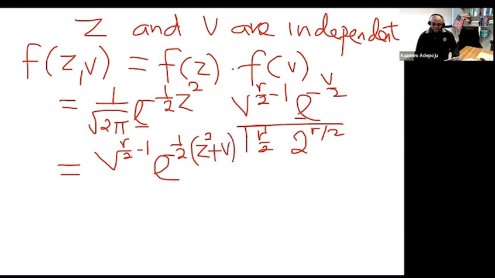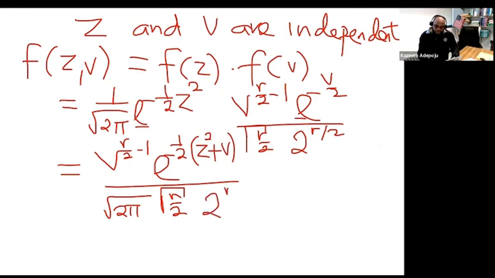So I'm basically going to have this divided by the square root of 2 pi, gamma of r over 2, then 2 raised to the power r over 2. This is what I get when I simplify. This is using the idea that Z and V are stochastically independent. Because they are independent, that is what I got.